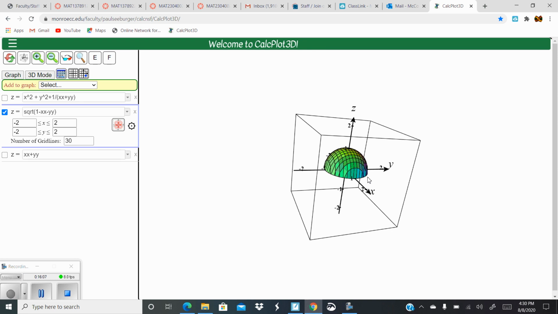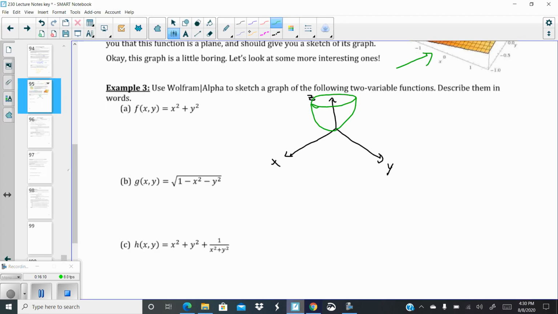So let's go back and draw that one. Again, I'll do my z-axis, x-axis, y-axis: x, y, z. And I know that this thing goes out to 1 on the top. It's going to come down here to 1. It's going to come down here to 1.